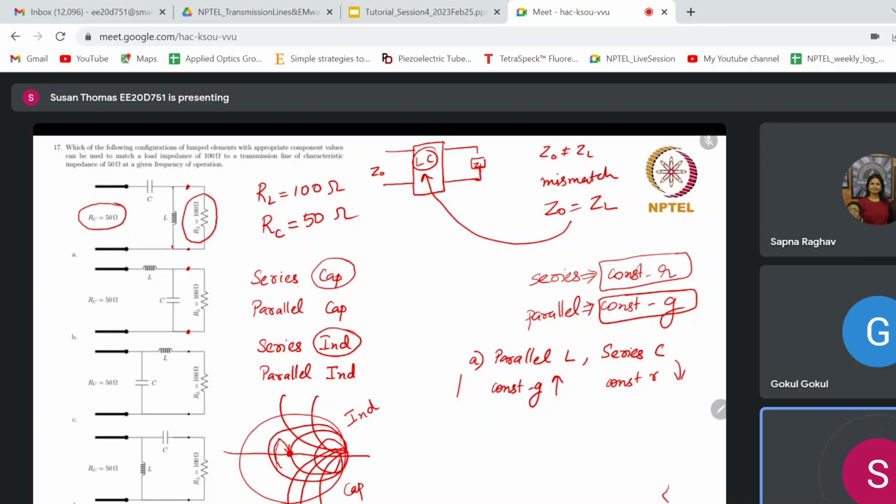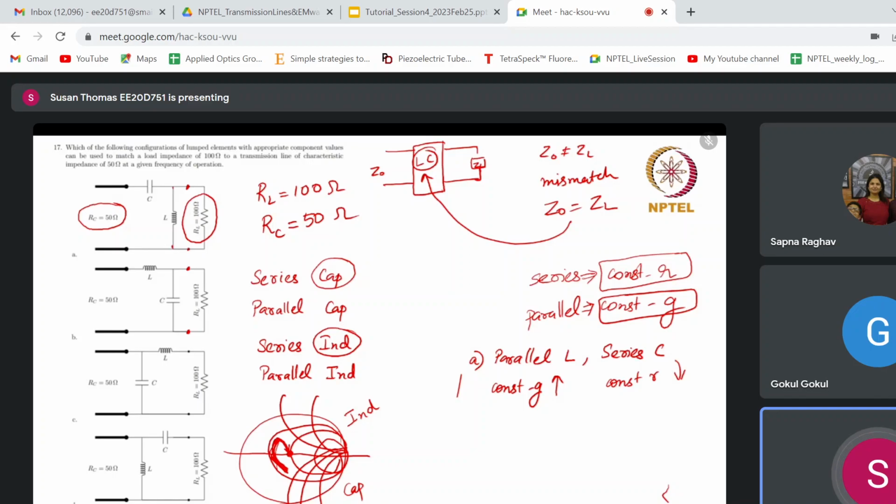Okay, so this movement is along the G circle, and this movement is along the R circle. So this is not a proper Smith chart. You can look at the proper Smith chart and understand this much better. So this is the idea.